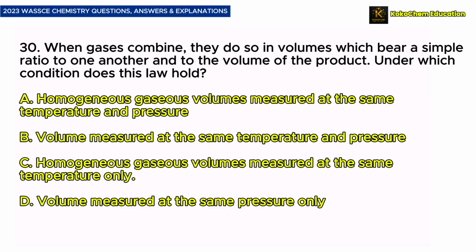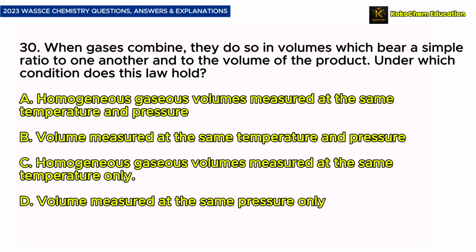Question 30. When gases combine, they do so in volumes which bear a simple ratio to one another and to the volume of the product. Under which condition does this law hold? A. Homogeneous gaseous volumes measured at the same temperature and pressure.